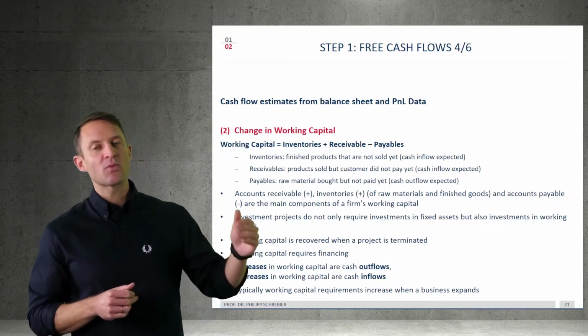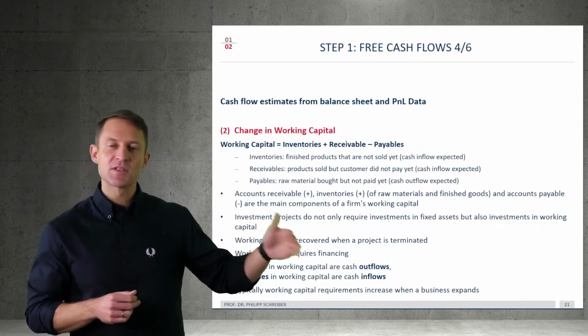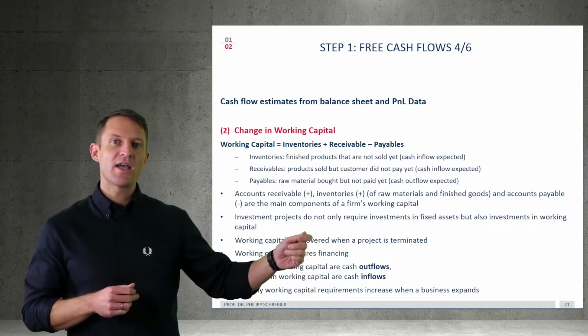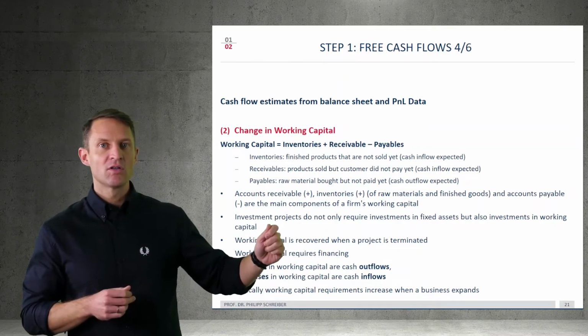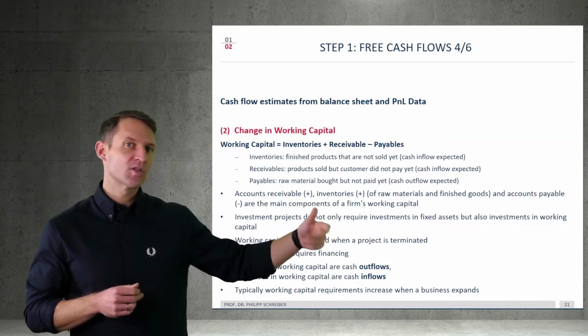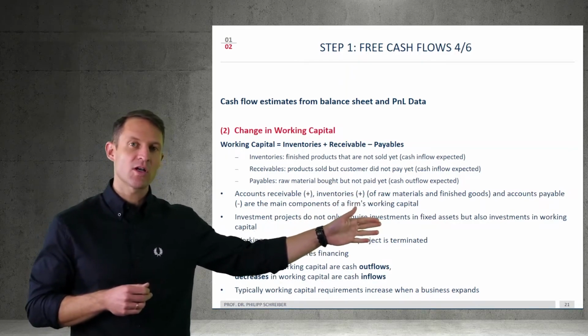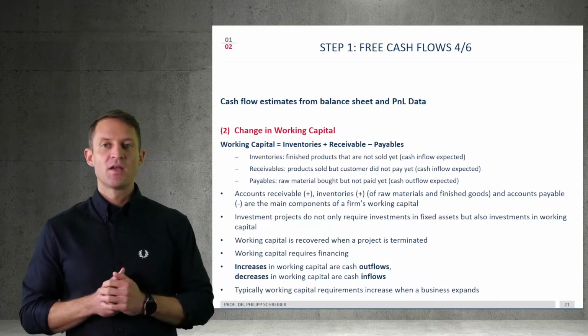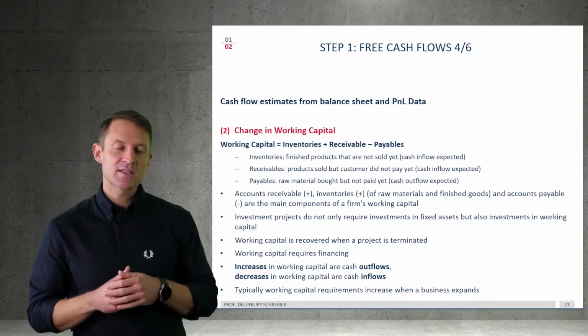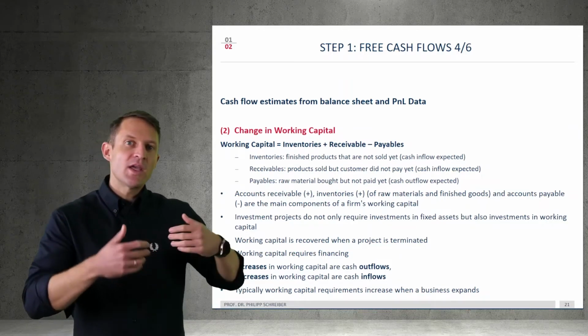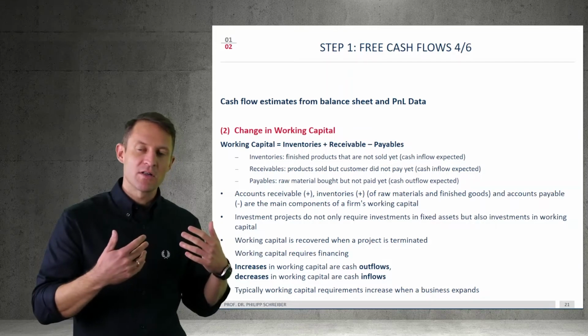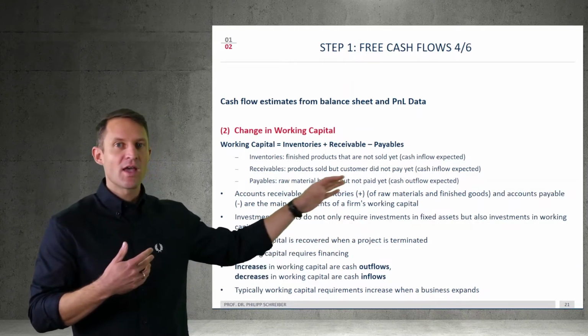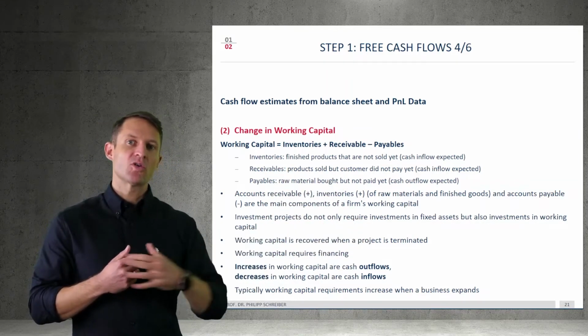Receivables are products that we already sold, but the customers didn't pay yet. So we are expecting a cash inflow in a short amount of time because we already delivered and sold the product. Customers need to pay. And payables, that's vice versa. So we received some raw material, but we didn't pay yet.